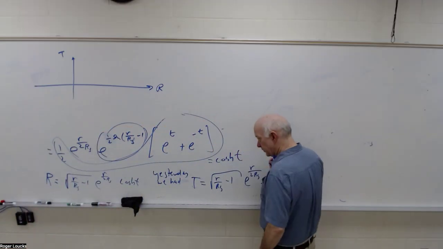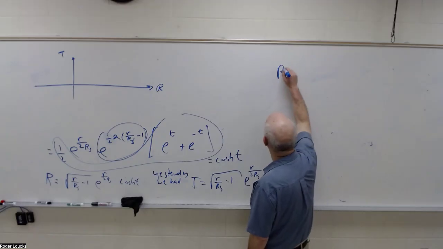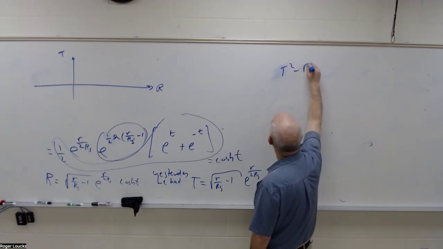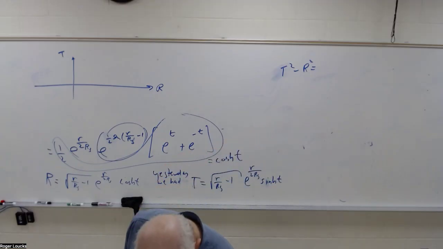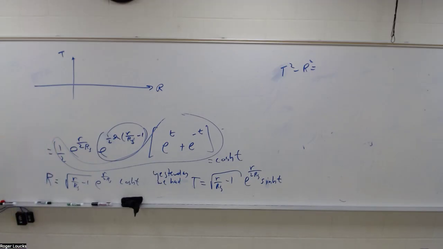Let's say if we look at what would be r squared? Let's look at t squared minus r squared. Is that the way he does it? Yeah, he's going to do that one. What would that equal?